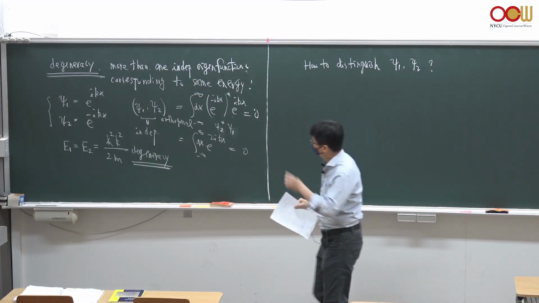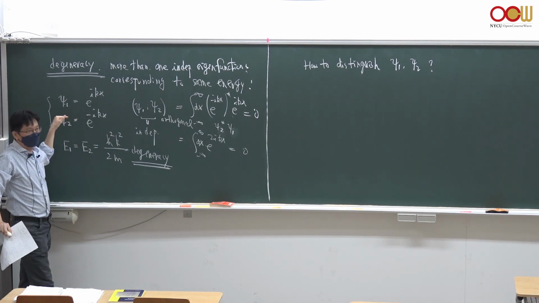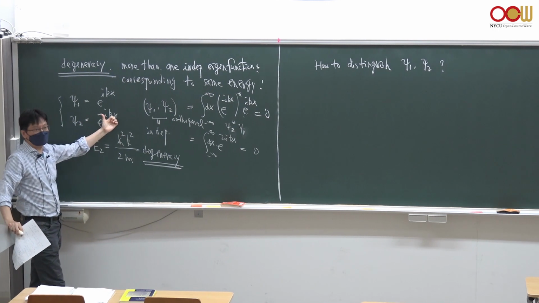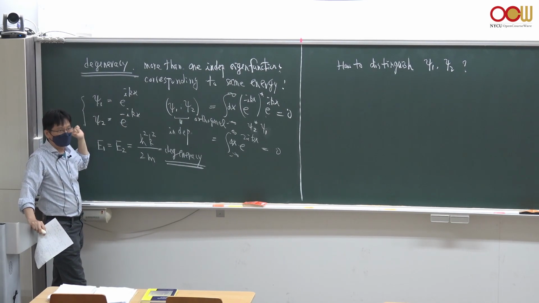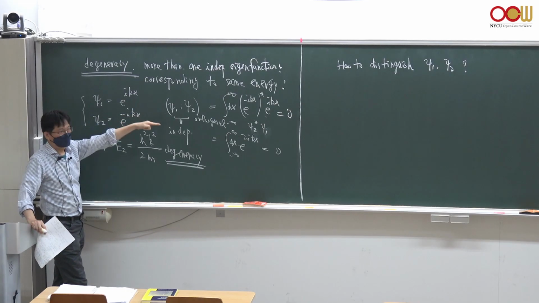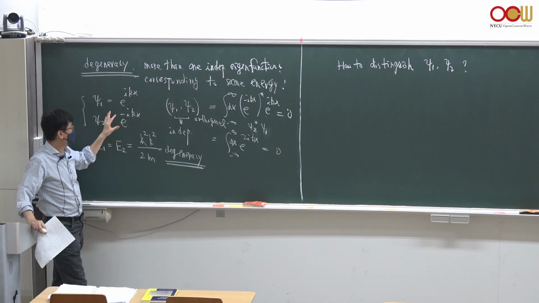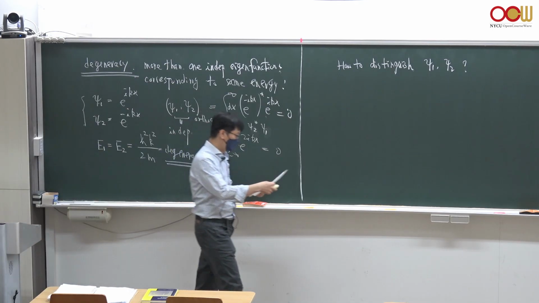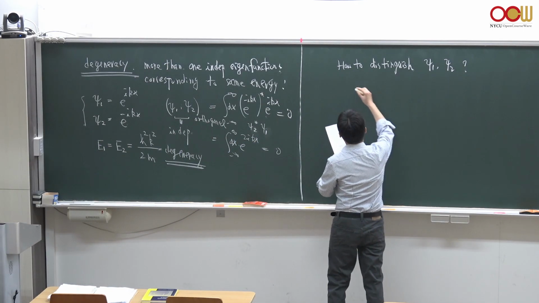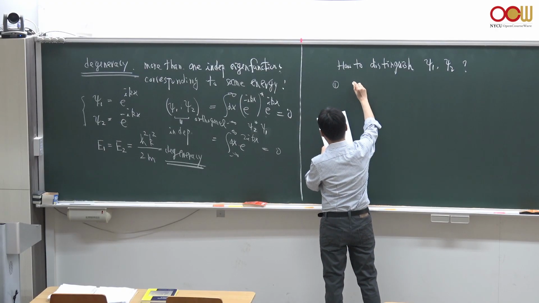We could very easily see this difference. Psi 1 travels to the right, but psi 2 travels to the left. So the difference lies in the momentum, k or h bar k. One is a positive value, another is a negative value. To distinguish these two degenerate states, we could very easily use the momentum operator.